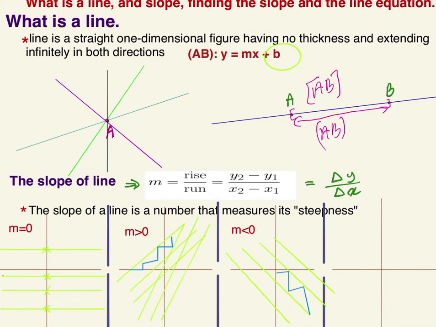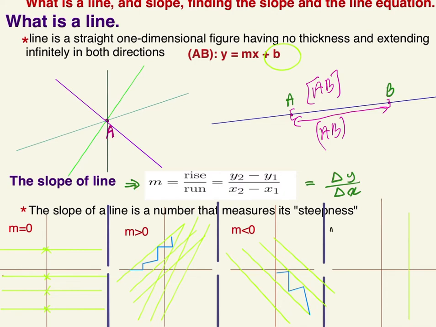So let's talk about when m is undefined. We'll have a vertical line, which is parallel to the y-axis. Why is m undefined in this case? Let's write the standard formula of m.